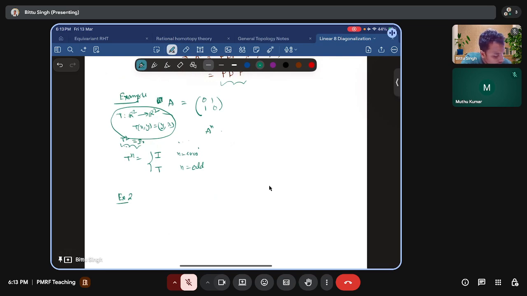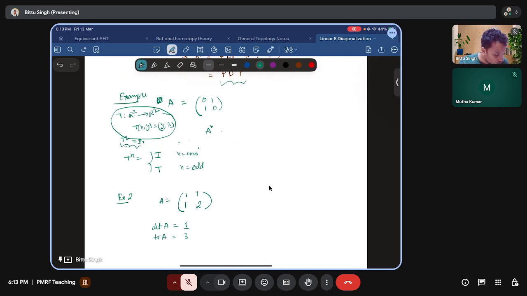So let A equal to this matrix, 1, 2, 1, 1. Determinant is 1 and trace of A is 3.